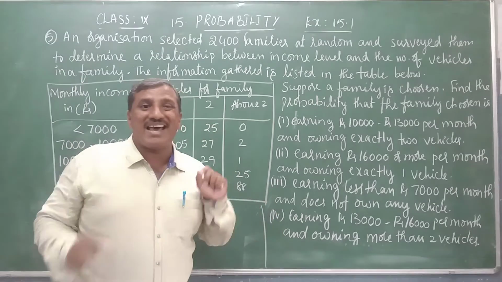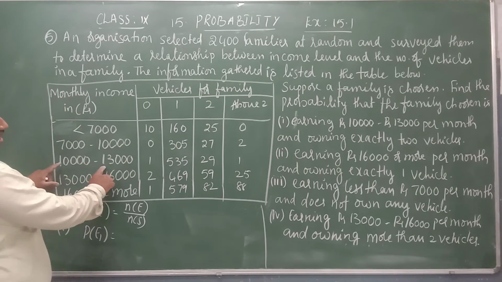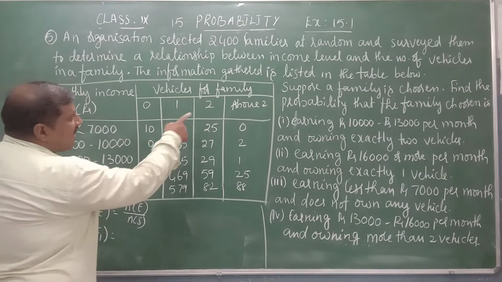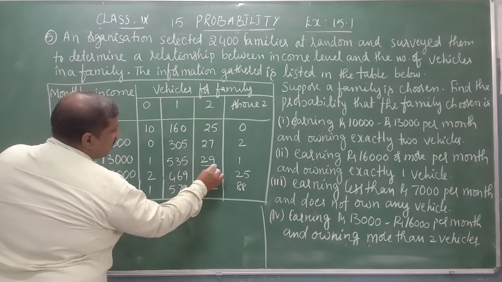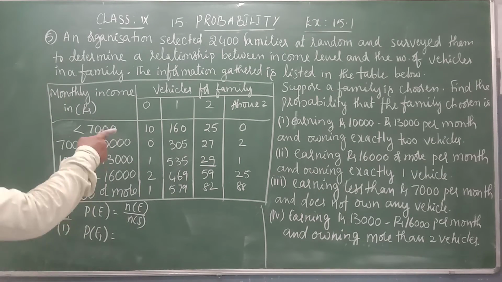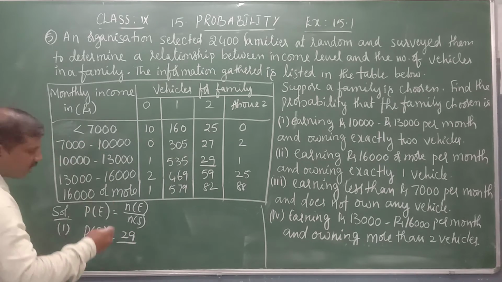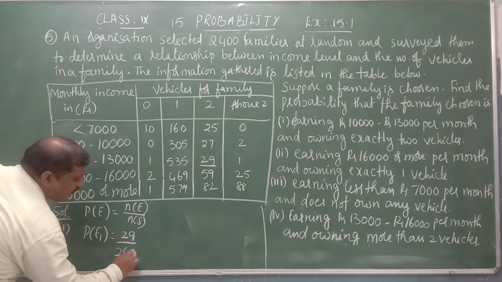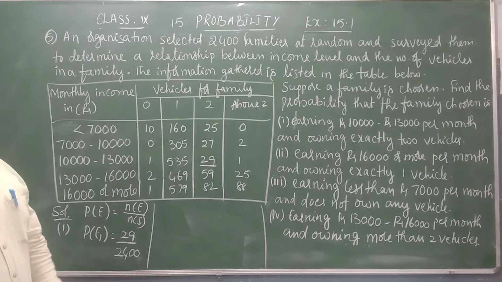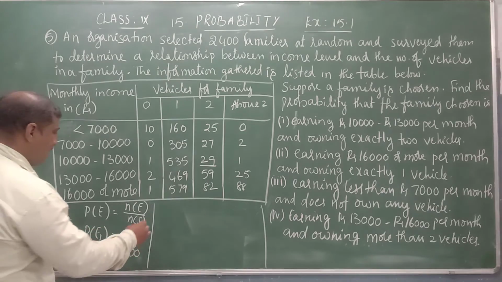The favorable outcomes are 29, divided by all possible outcomes, which is 2400. Therefore, the probability is 29 by 2400.